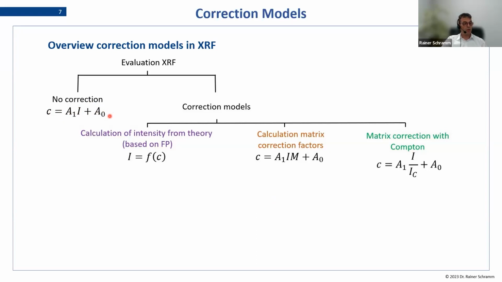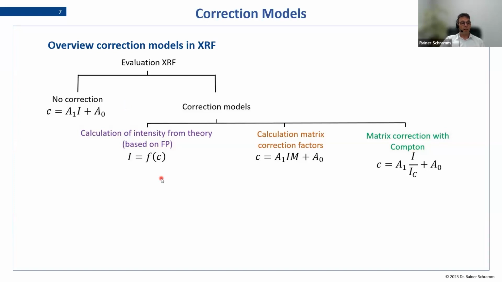But in the normal case in XRF, the elements are all influencing each other, then your calibration line starts to be curved for each element, and there will be some interactions. And then you need matrix corrections.